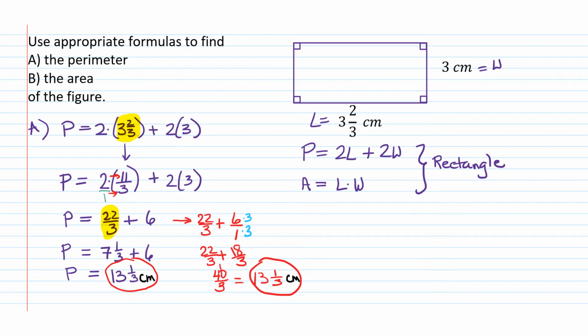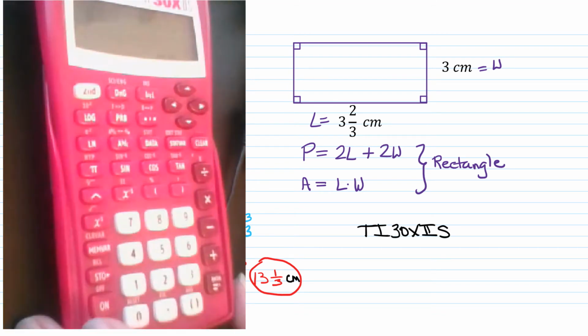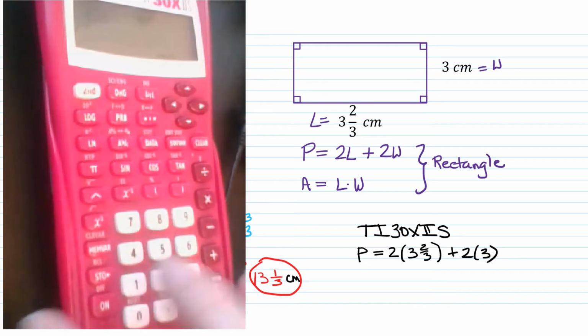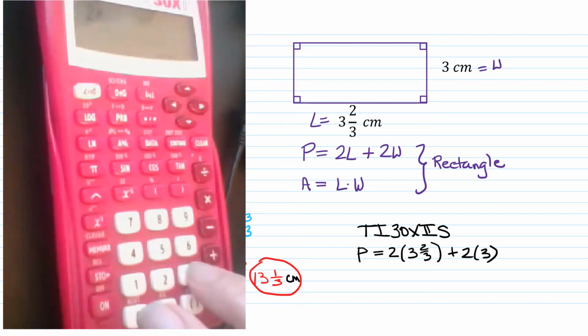Now, you can also add fractions and multiply fractions with your calculator. So next I'm going to show you how to do part A on your TI-30XIIS calculator. In order to find 2 times 3 2/3 plus 2 times 3, we're going to type 2 times, and then we have 3 2/3.